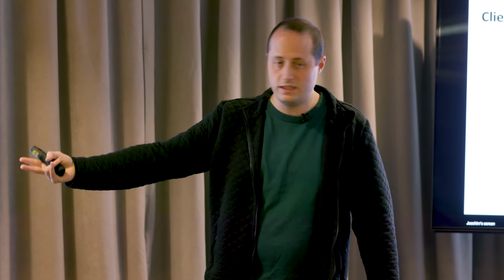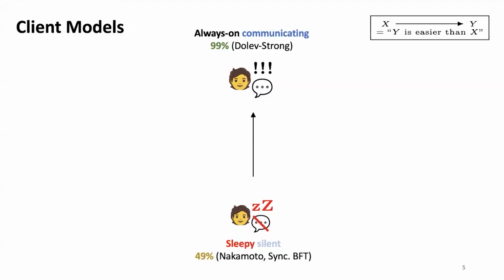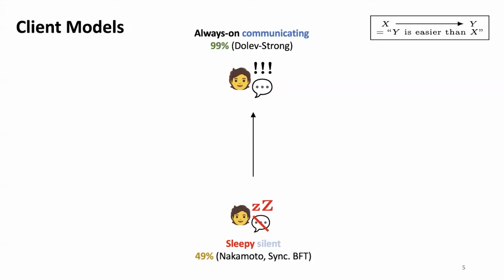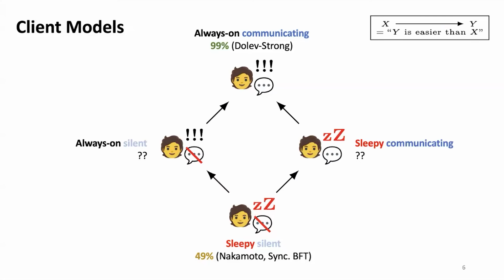Okay. Now, once we go to this level and say, let's model the clients along these two dimensions, the sleepiness and the communication capabilities of the clients, it's natural to ask: clearly this setting is a harder setting than this setting. Now it's natural to ask, what about the intermediary client models?